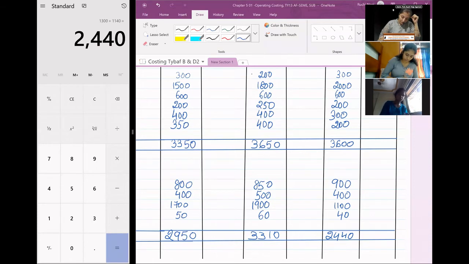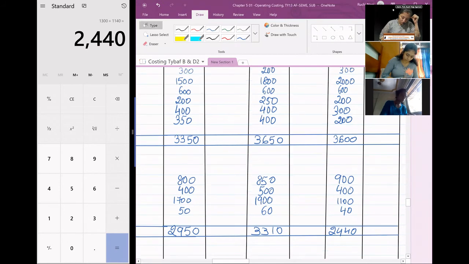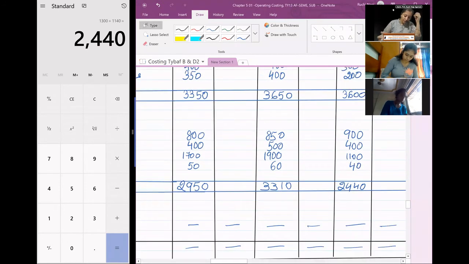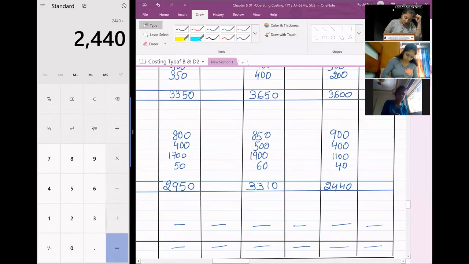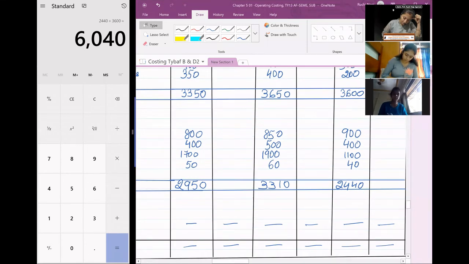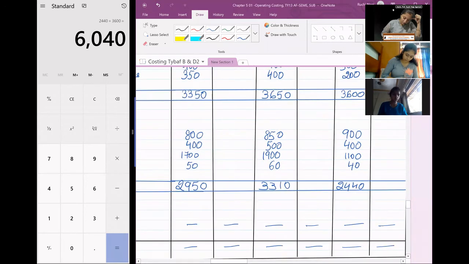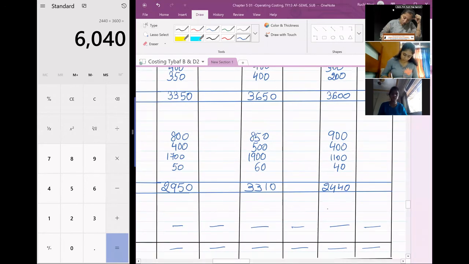Okay. Next, total cost. दोनों को add करो. A plus B. Right? So 6040.